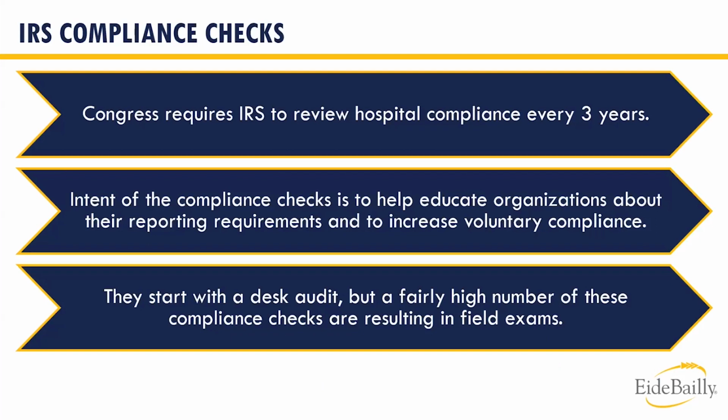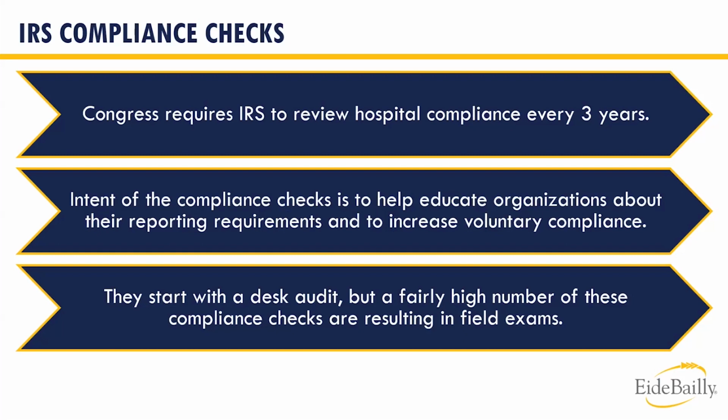And I can't leave without also saying there also is a little bit of stick from the IRS. So Congress does require the IRS to review every hospital once every 3 years to assess their compliance with these 501(r) rules. You probably aren't even aware when this analysis is being done, because it's done as a desk audit, which means the IRS agent is going to pull your hospital.